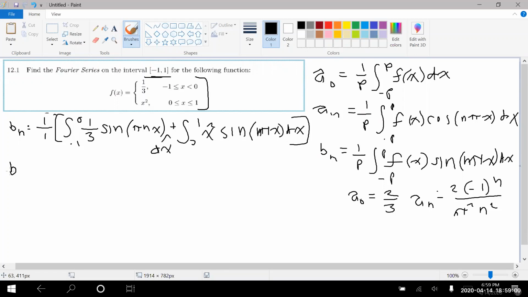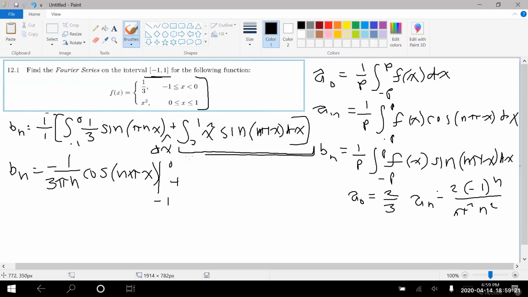For our b sub n, we are going to get negative 1/3 pi over n cosine of n pi x, evaluated at 1 and 0, plus a horrible integration by parts thing.